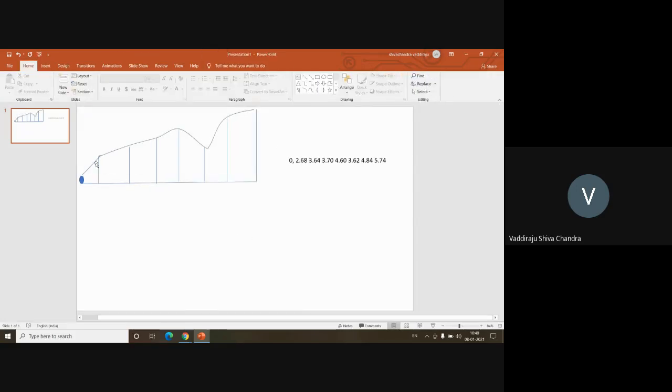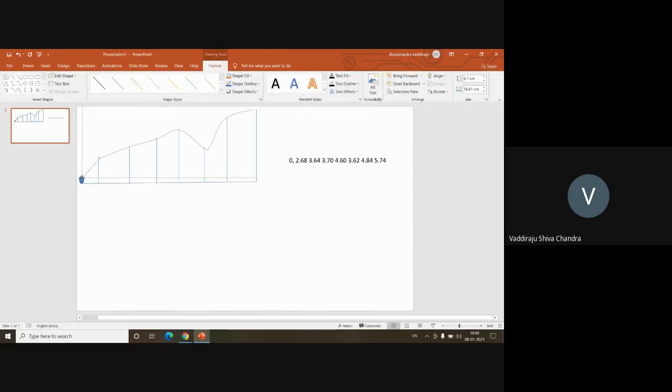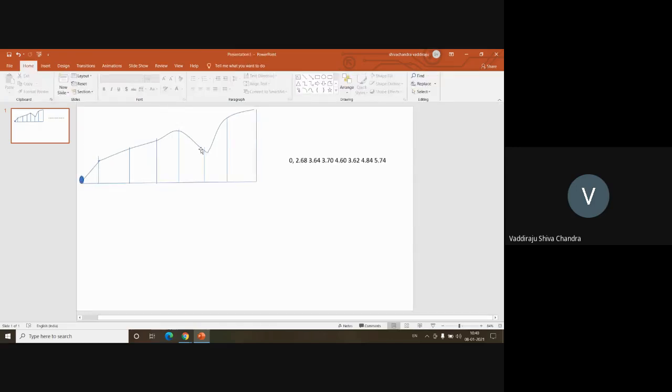So this is how the area is, and I want to determine the area enclosed between this boundary. I have taken the offsets or ordinates at 10-meter intervals. So all these intervals are 10 meters.